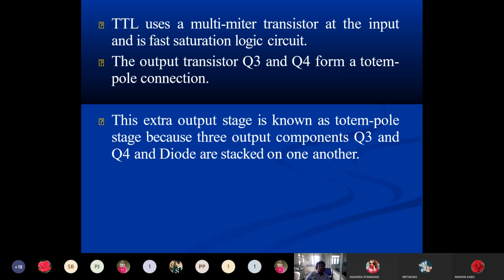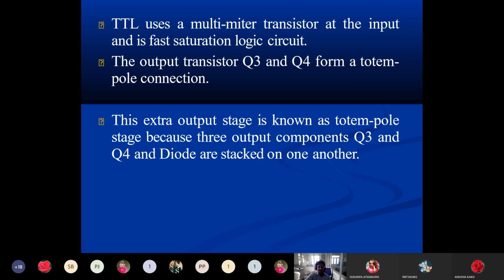The output transistors Q3 and Q4 form a totem pole connection. The extra output stage is known as a totem pole stage because three output components, Q3, Q4 and a diode, are stacked one on top of the other.